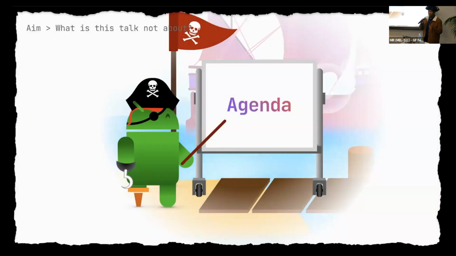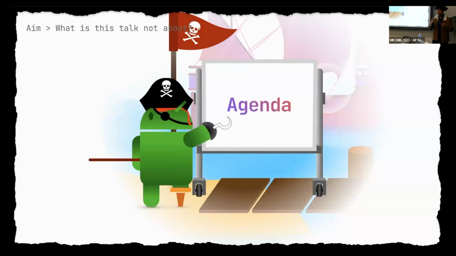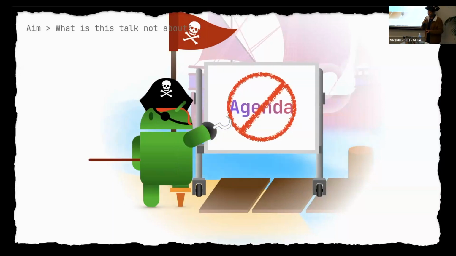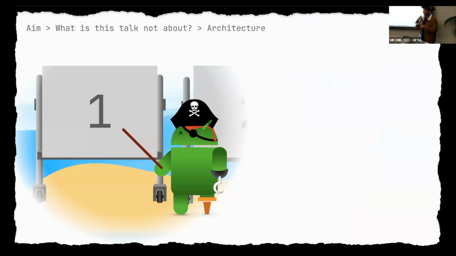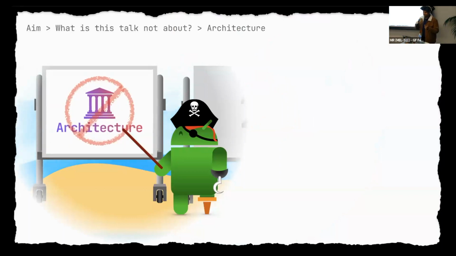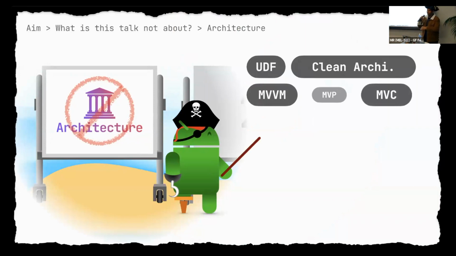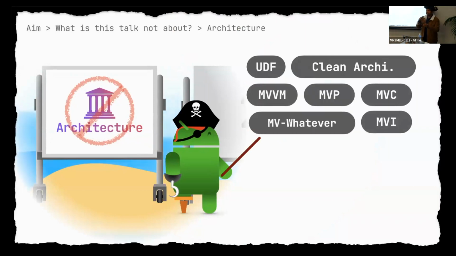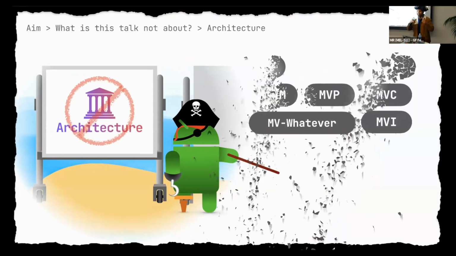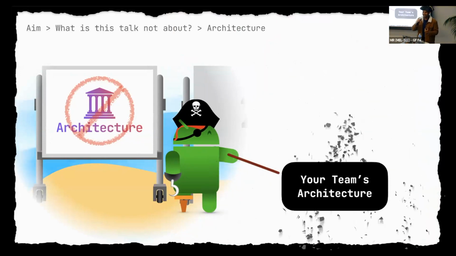All right, now that we know what's going to be on the agenda, let's talk about what's not going to be on the agenda. We're not going to be talking about architecture. There was a whole talk just before this one that talked about architecture and testing. So we're going to skip that altogether. As a team, you can use any of these architectures you want. It's not the navigation library's responsibility to tell you which architecture to use, right?